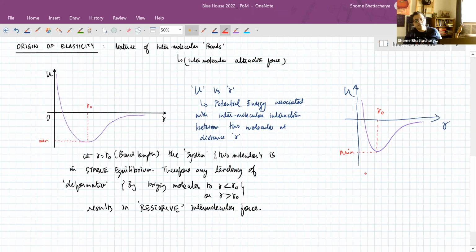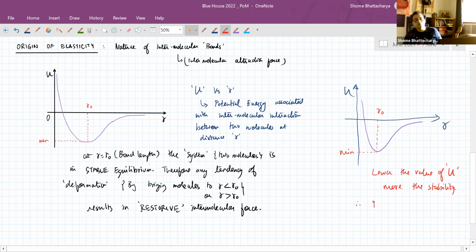Remember one thing, the lower the value of any potential energy U, the more the stability. Therefore, equilibrium is a stable equilibrium at potential energy's local minima. You remember this concept from work energy?